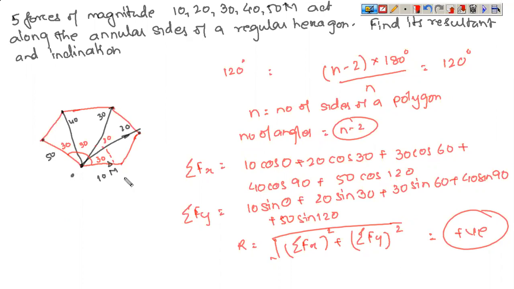Now this is one aspect. Next one is inclination. So if you talk about inclination, let us say that phi, the inclination, is given by tan inverse Fy by Fx. If you find it out with the help of a calculator, it will give you a value between 0 to 90 degree.